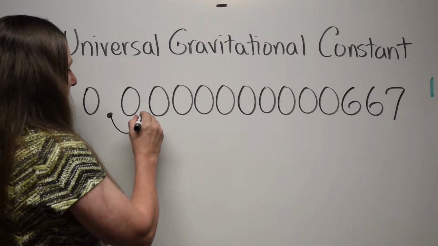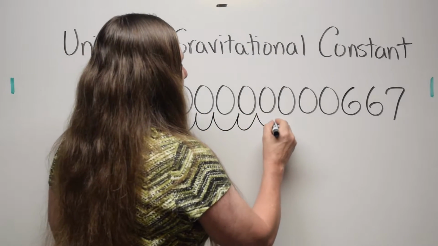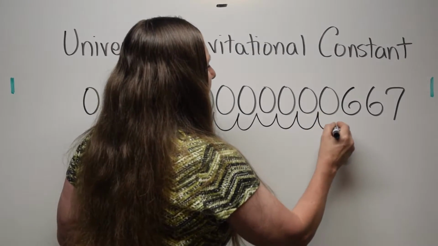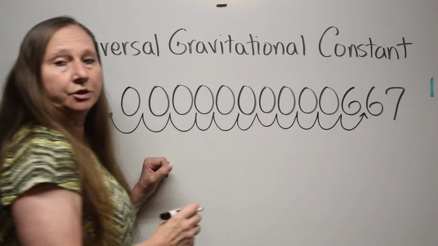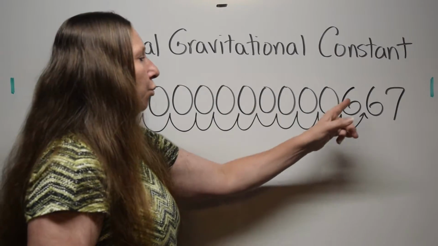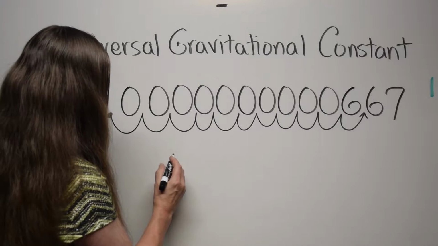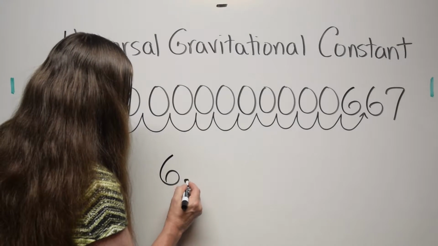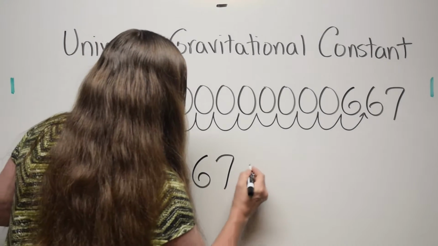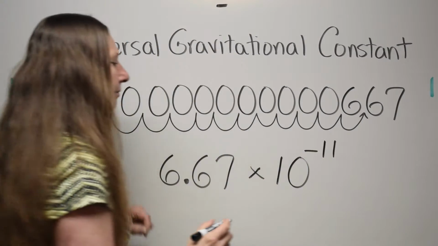Jumps. 1, 2, 3, 4, 5, 6, 7, 8, 9, 10, 11 jumps. If you put the decimal point there, now there's only one number in front of the decimal point. The zeros don't count. All right, so 6.67 times 10 to the negative 11.